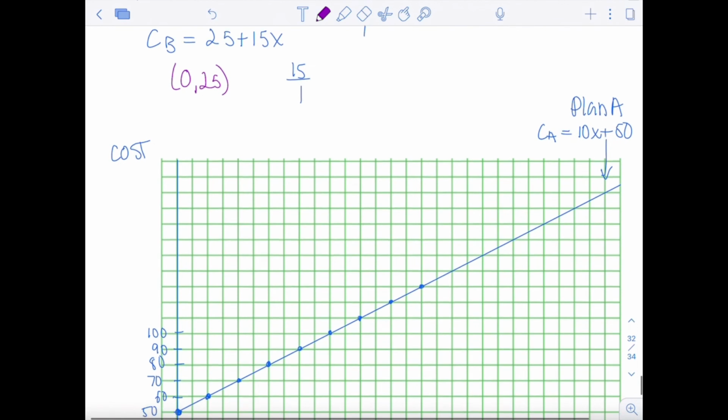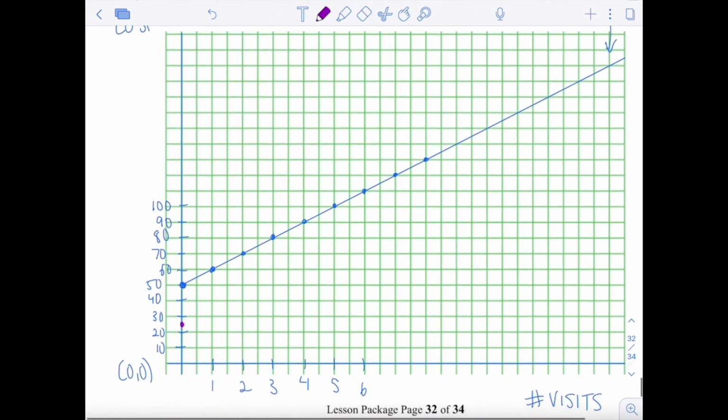And I know my slope is 15 over 1, so I'm going to go 1 across, and I'm going to go up 5, 10, 15. 1 across, 5, 10, 15. Okay, this one's a little more awkward. I think I have enough dots there to make it look pretty good.